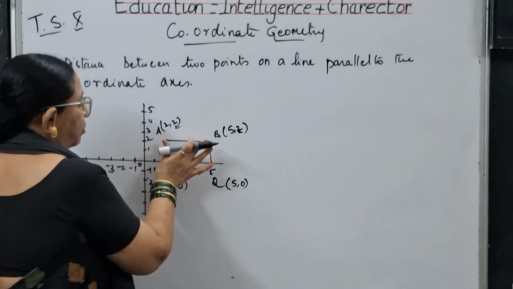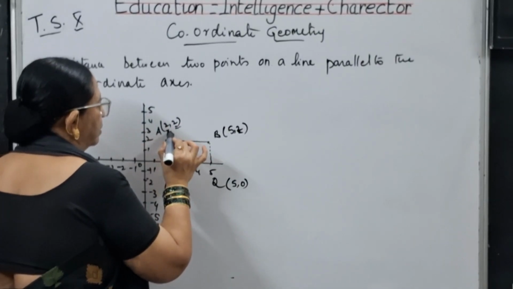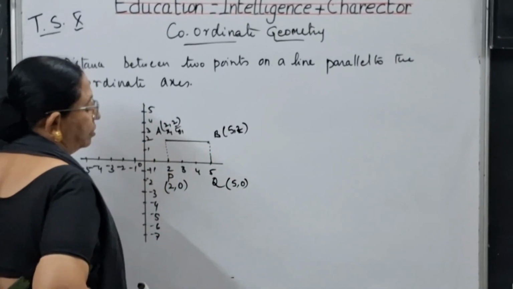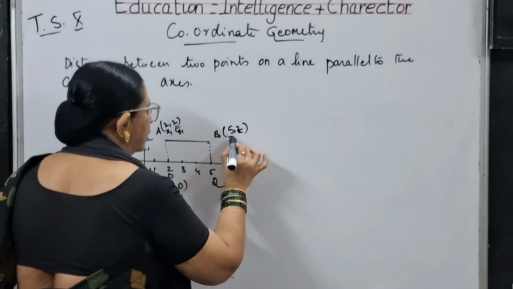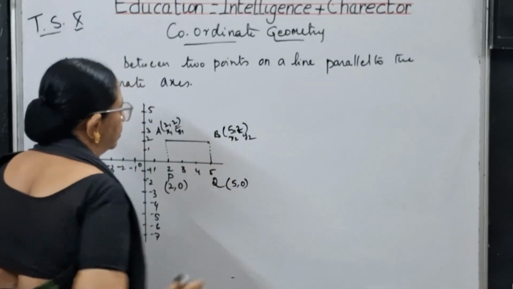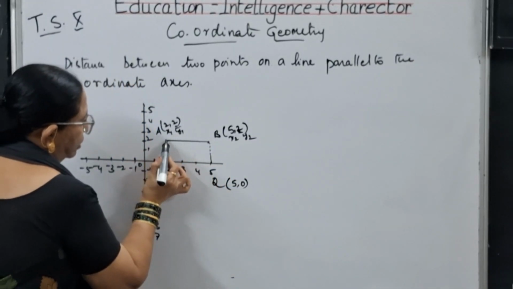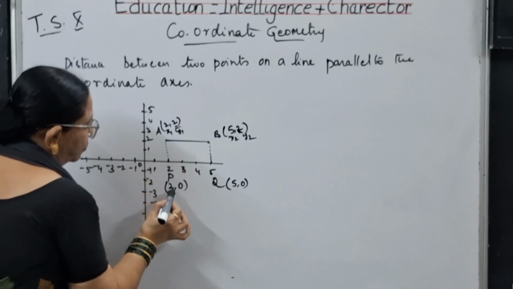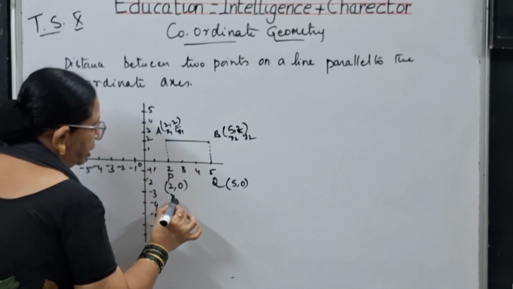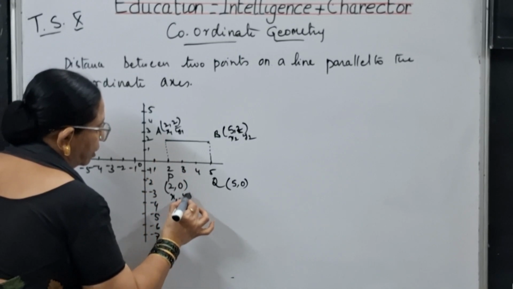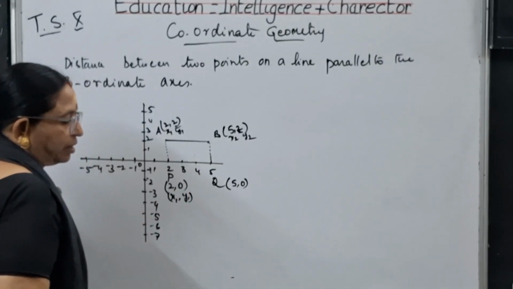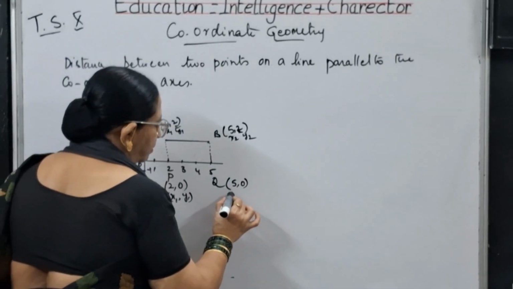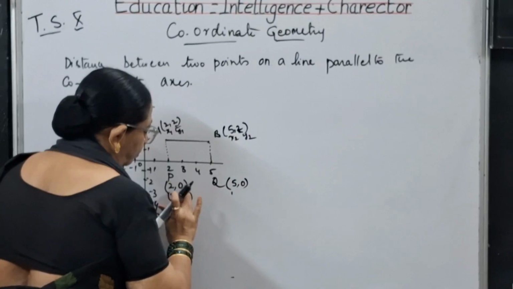Okay children, first they have given this line, so you consider this as x1, y1 and x2, y2.